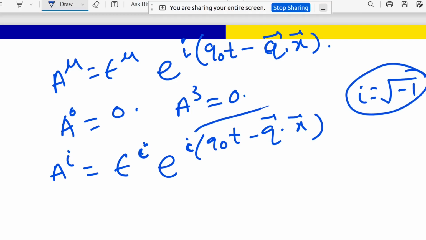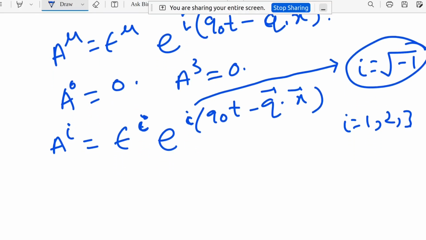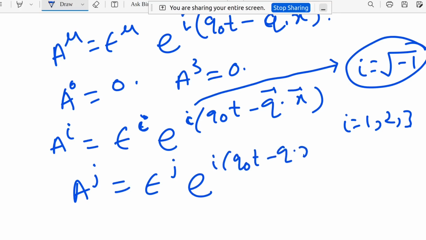We can write j also to remove the confusion. So this is the expression for A_j.